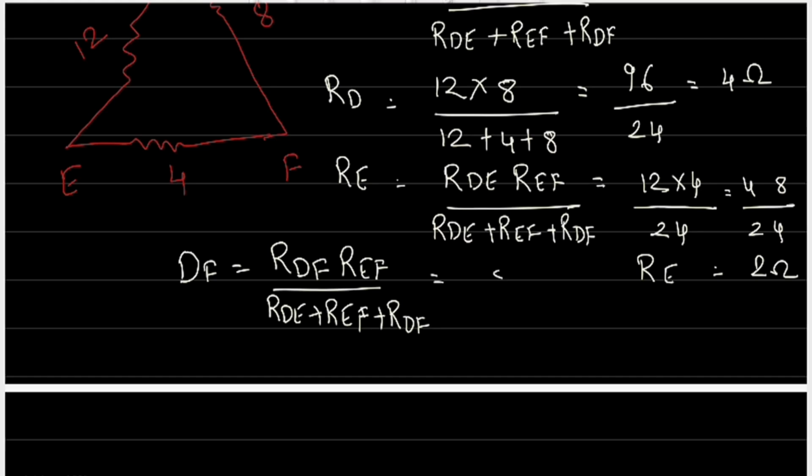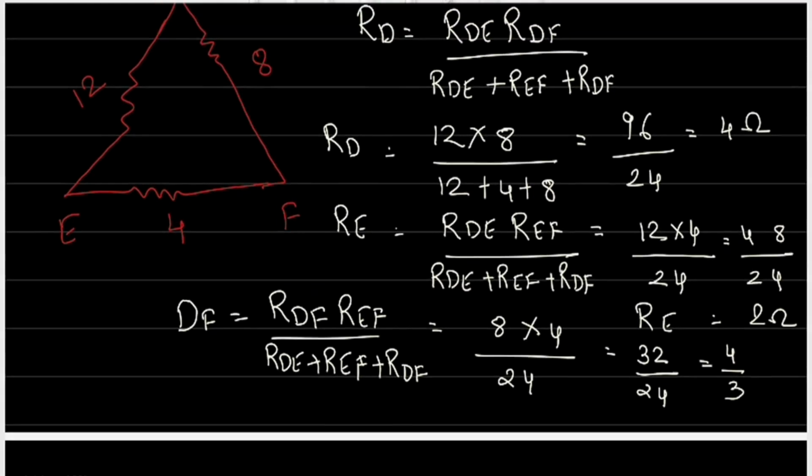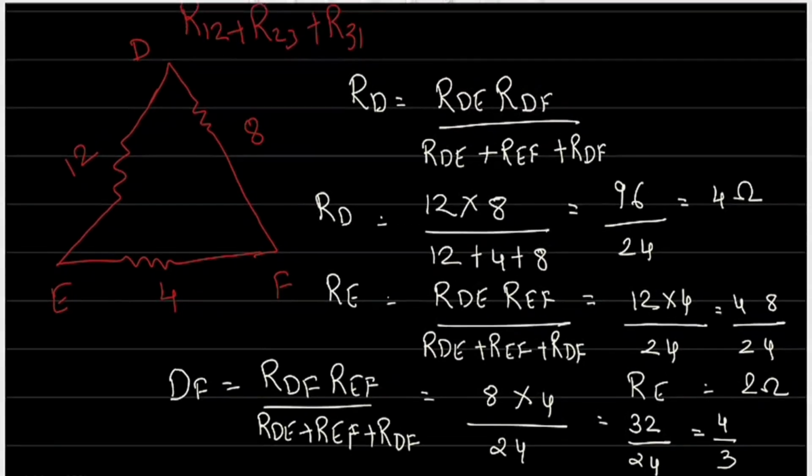So 8 into 4 divided by 24, giving 32 divided by 24, which is 4 upon 3. So we got the values of RD, RE and RF. So this delta will become star like this.